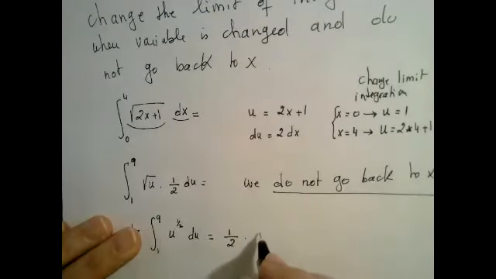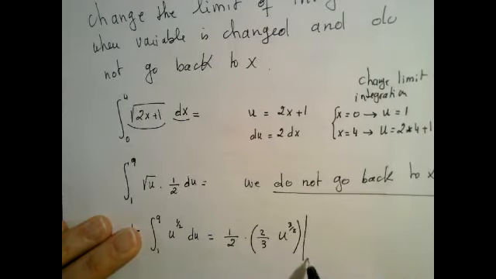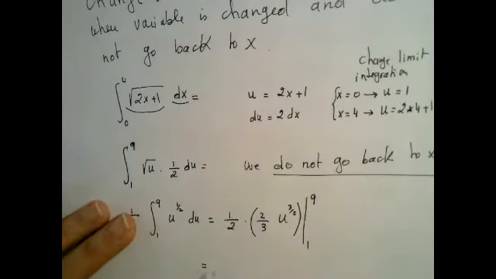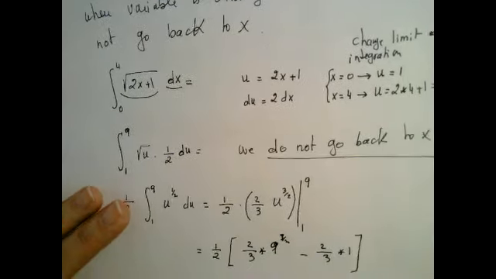U to the power half, the antiderivative, evaluated between 1 and 9. So this is equal to a half, 2/3 times 9 to the 3/2. And if you look very carefully, it's basically the same thing as before, but now we changed the limit at the beginning.